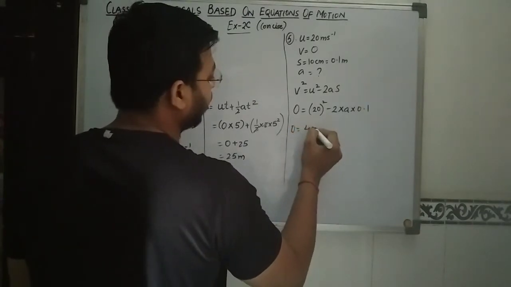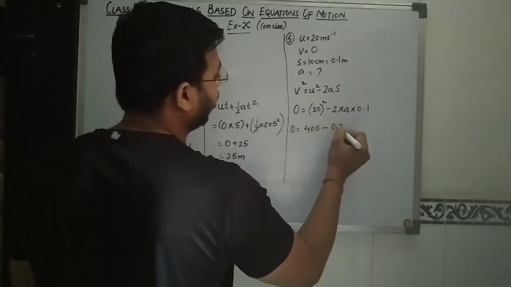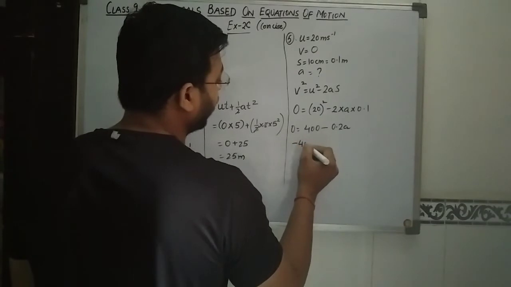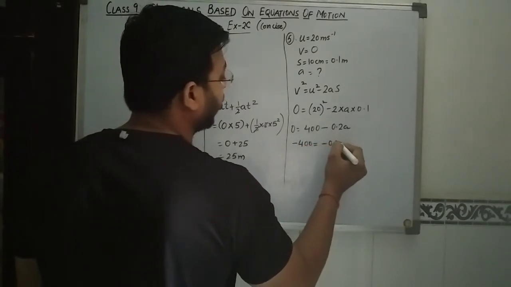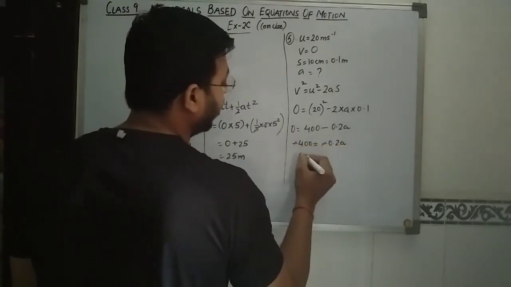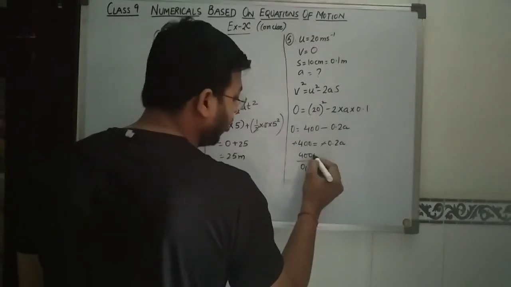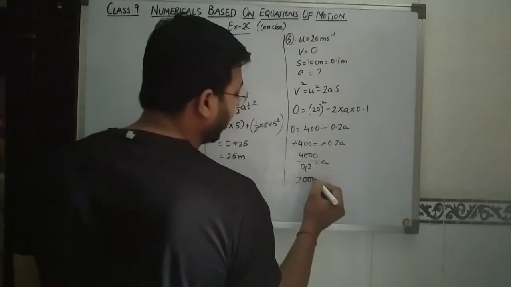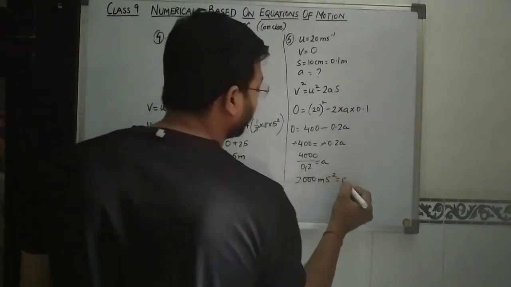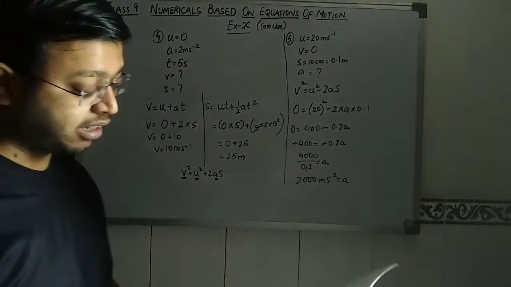So 0 is equal to the square of it will become 400 minus 0.2A. So minus 400 is equal to minus 0.2A. Minus can be removed. So 400 upon 0.2 is equal to A. Point will be removed, 0 will be increased. So 2000 meter per second square. That will be the value of acceleration.